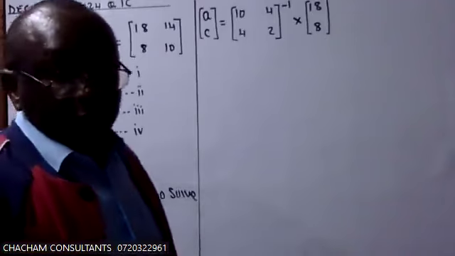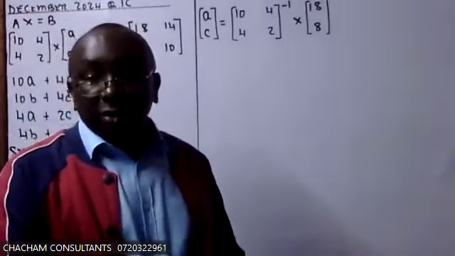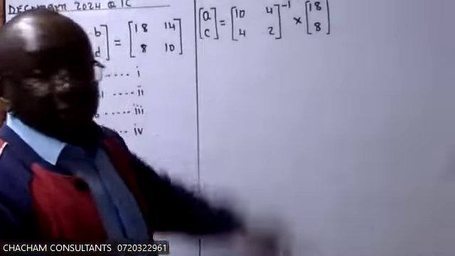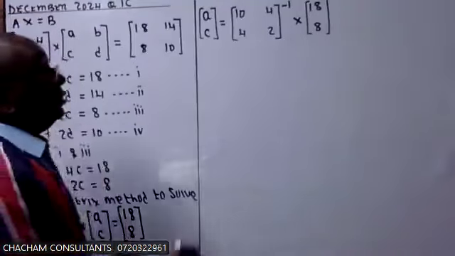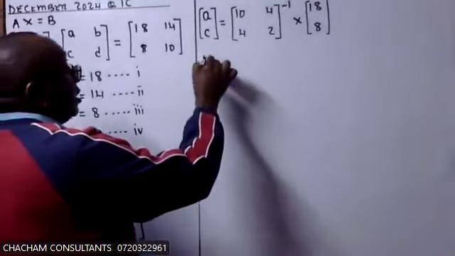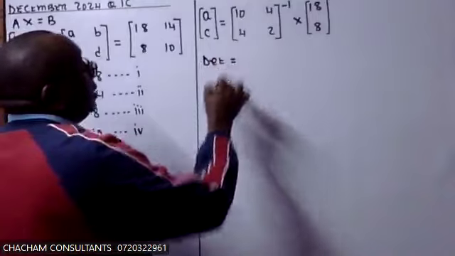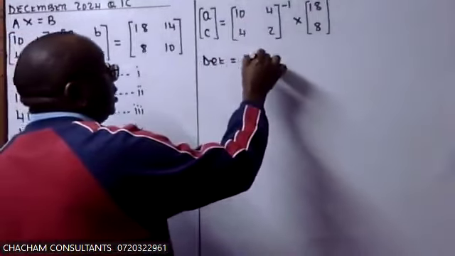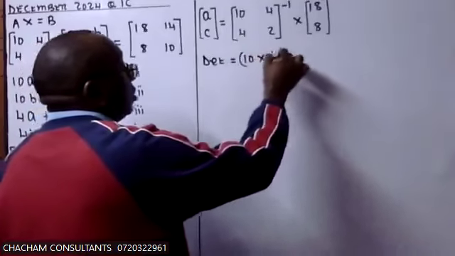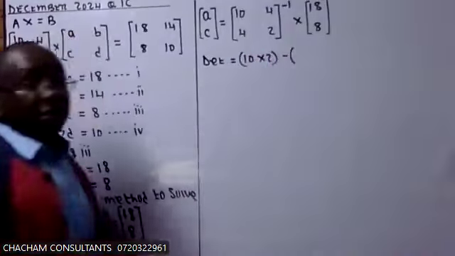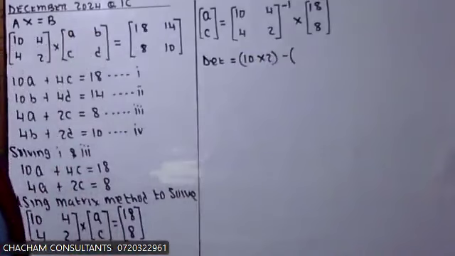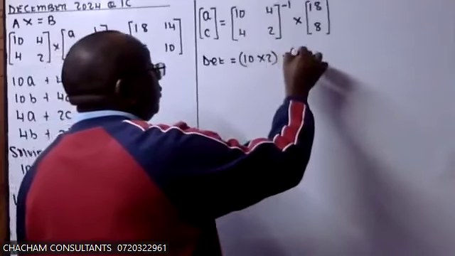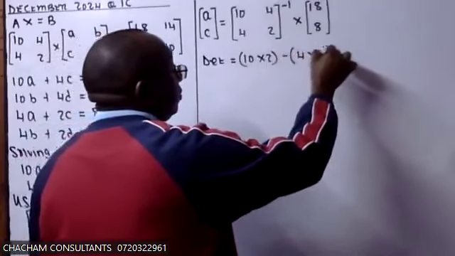Now we said when you are looking for the inverse of a 2 by 2, the first thing is to get the determinant. So for the determinant, you take the major diagonal elements, 10 times 2, you subtract the minor diagonal, 4 times 4.